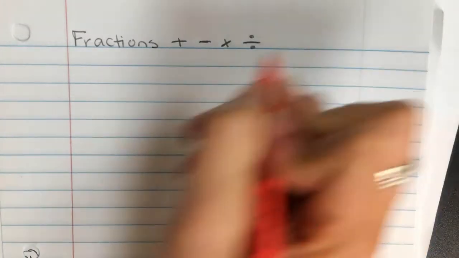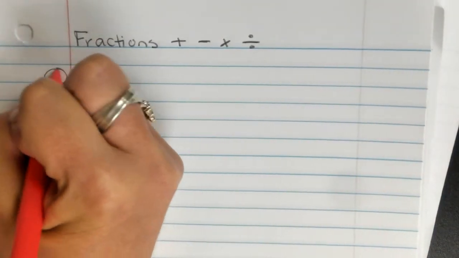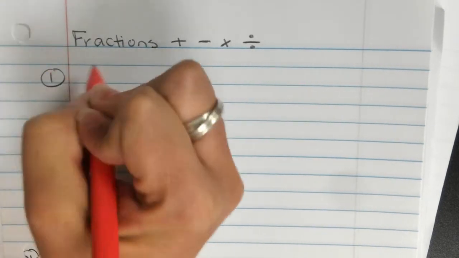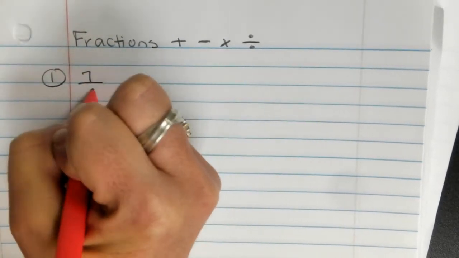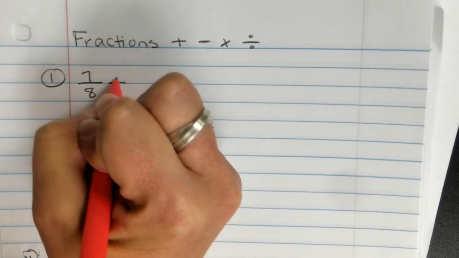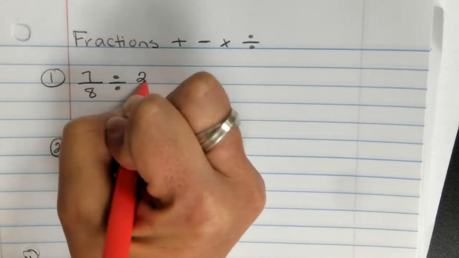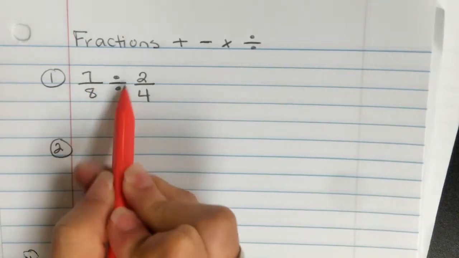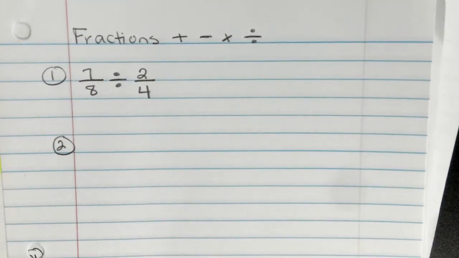Here we go. Now, the first thing I did when I did these questions, I want you to realize that they may not be in order of add, subtract, multiply, divide. I hope y'all realize the first thing they gave you was division.